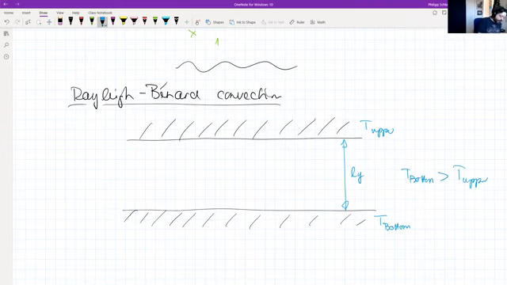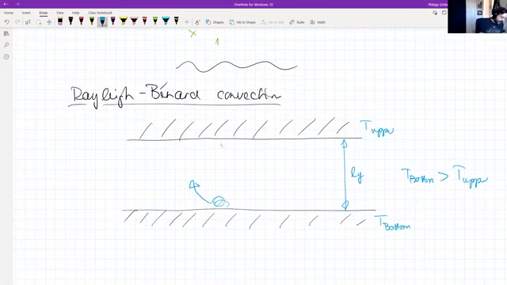That means that fluid particles here at the lower wall are heated up. As you know, if you have a higher temperature, the density would go down, and that gives rise to a buoyancy force. So essentially, this fluid particle here wants to somehow go up.